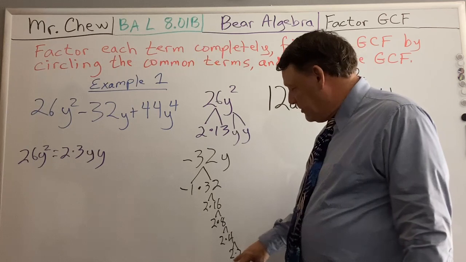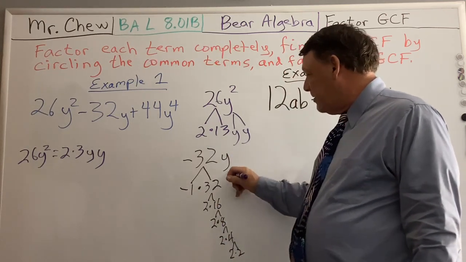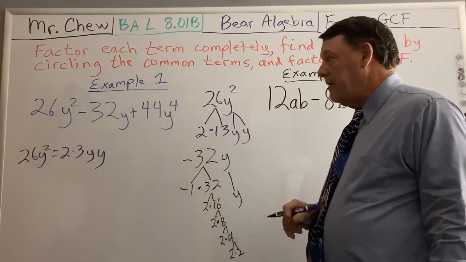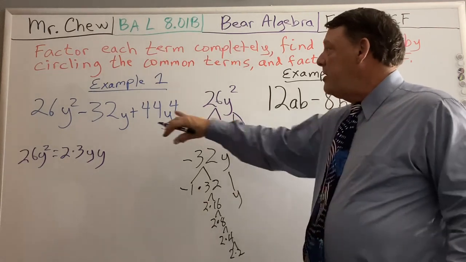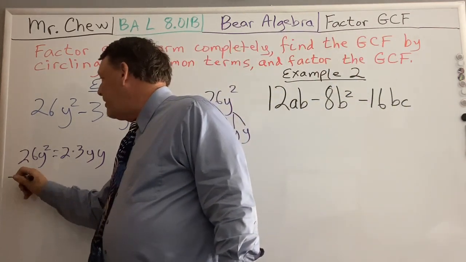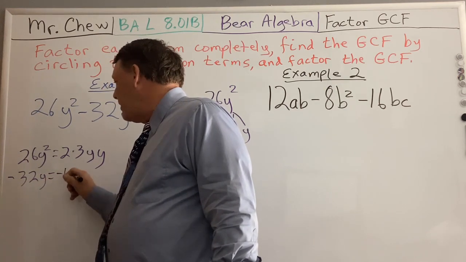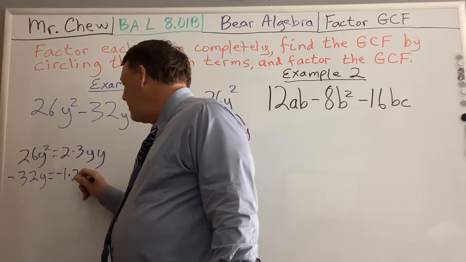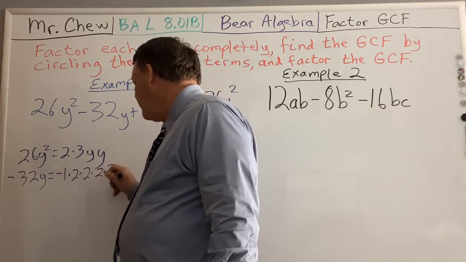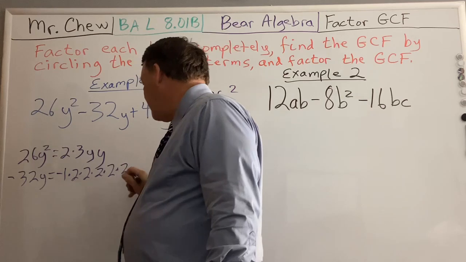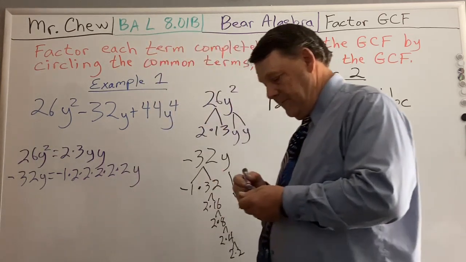So I know that 2 times 2 times 2 times 2 times 2 times negative 1 will give me my negative 32. And I just bring down that y. So underneath this now, I can put negative 32y, and I know that equals negative 1 times 2 times 2 times 2 times 2 times 2. That's 2, 4, 8, 16, 32 times y.